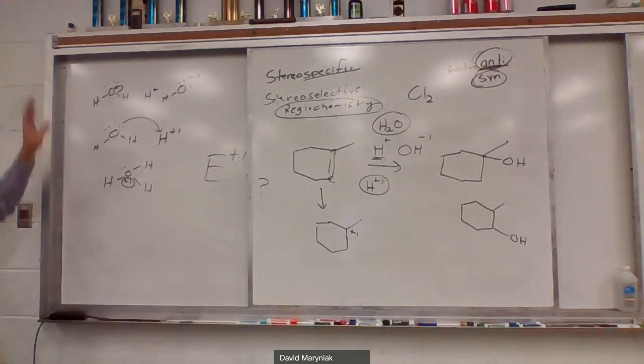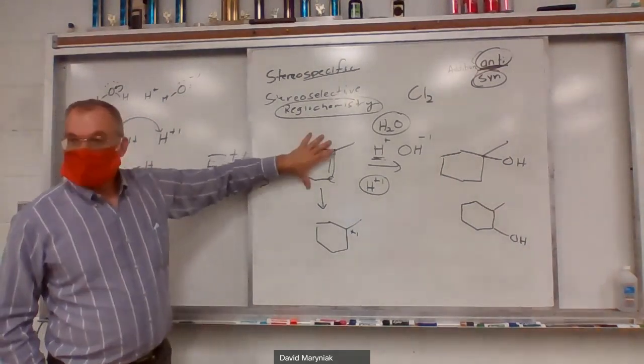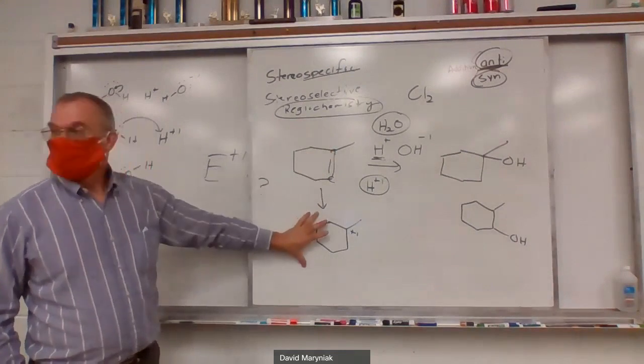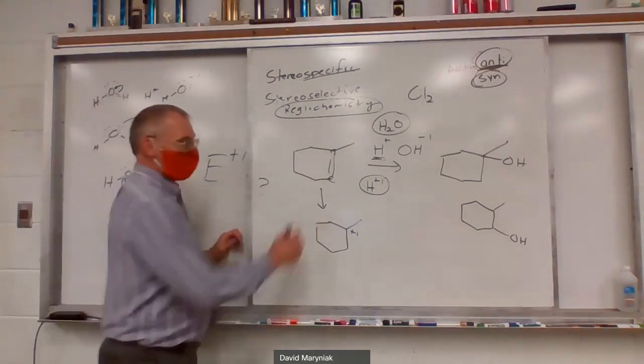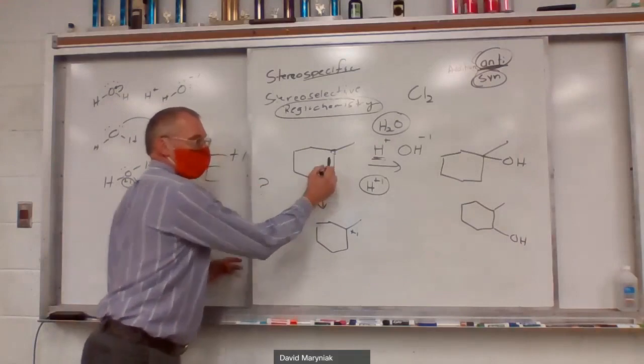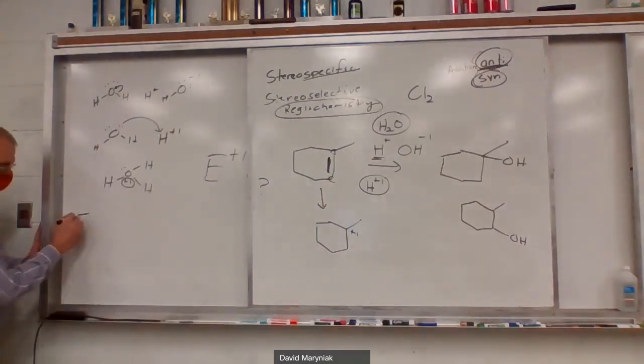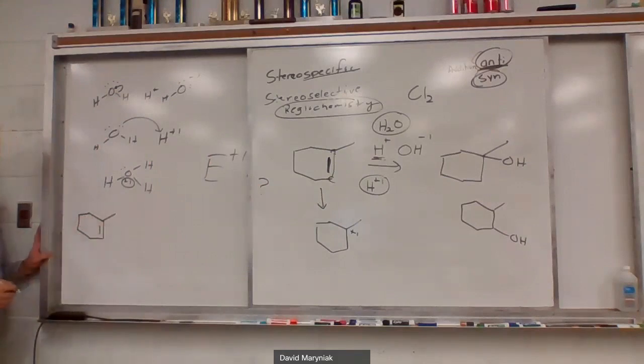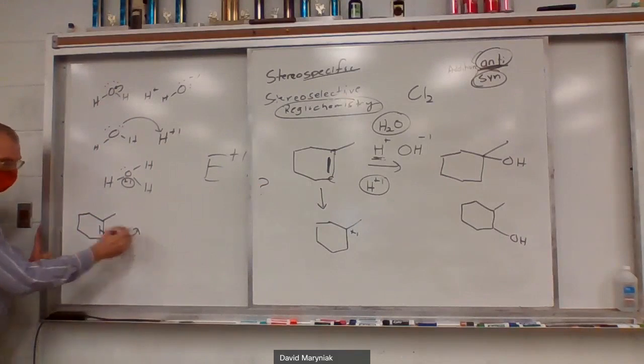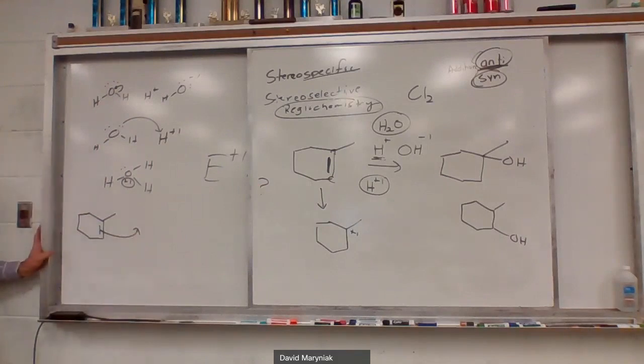So if I'm going to take that ene and make this intermediate, is this our nucleophile or electrophile? That's your nucleophile. And is it always going to attack something? And that something then is the electrophile.